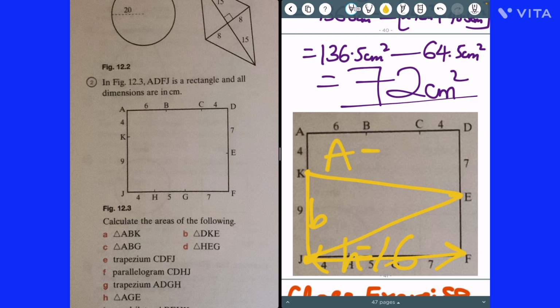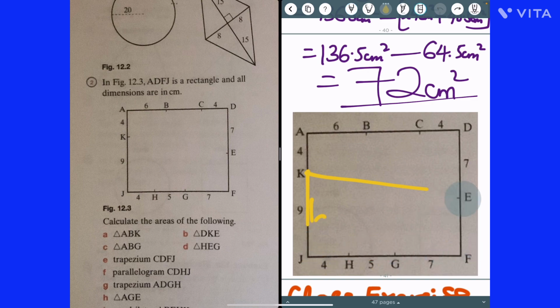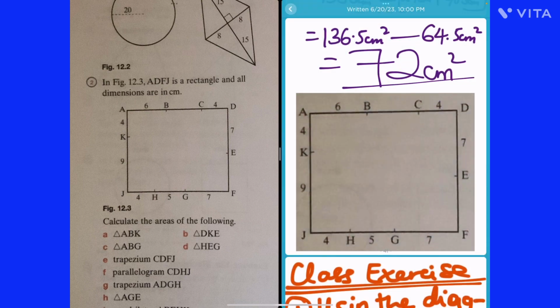You write the formula out first. Area is half base times height. You substitute. Area is half times 9 centimeters times 16 centimeters. That will give you the area for triangle KEJ. So hold on, let me clean everything so it will not mix with the next one.